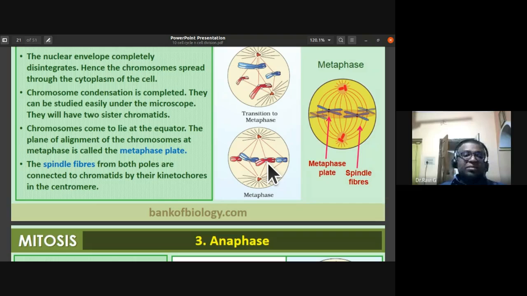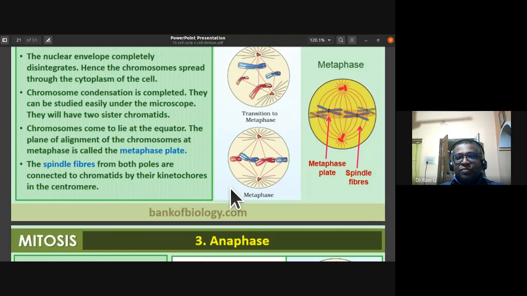The centromere has kinetochores at both ends, so from the opposing ends the spindle fibers are attached to the centromere.